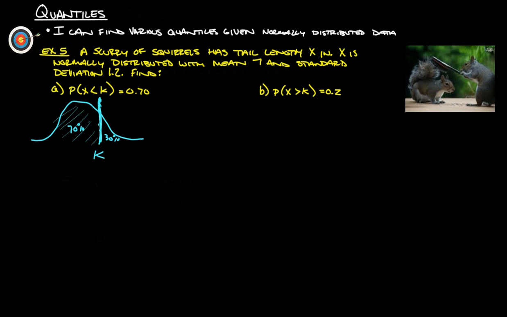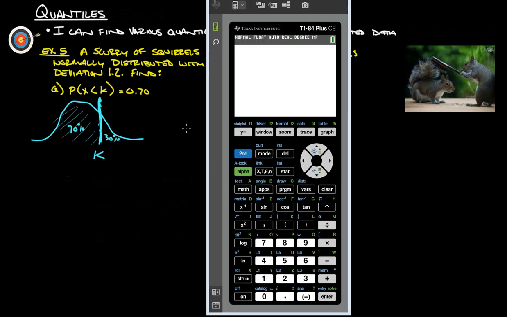Okay, so here's what we do. We get our handy dandy graphing calculator out, and we're going to go back into distribution. So we do second variables, distribution. Now we're going to use inverse normal. When we do this, it asks us what's the area, and that's the percent.